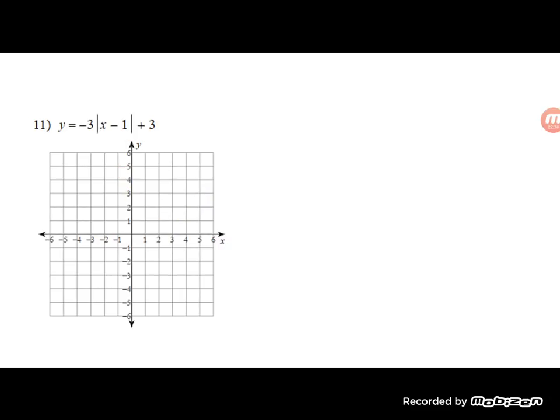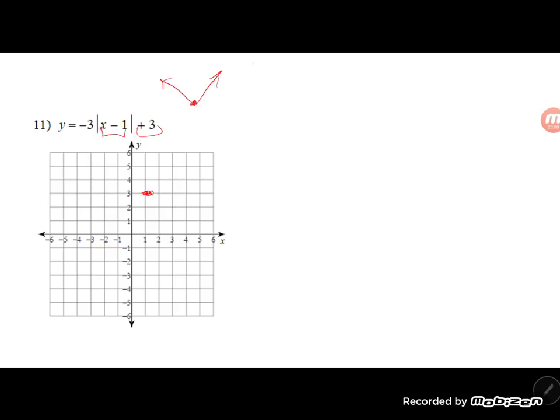Alright, same deal. We have to graph this. We see this is going to be right 1, this is going to be up 3. So we're going to go right 1, and up 3 to right there. Now, here's where it can change a little bit. Typically our absolute value function looks like that. I see a -3 that's multiplying this, so that tells me a couple of things.